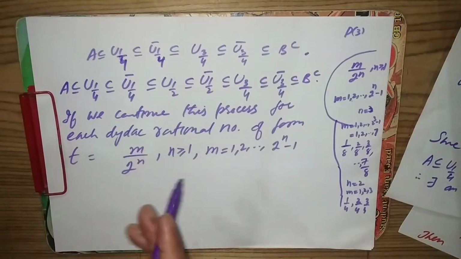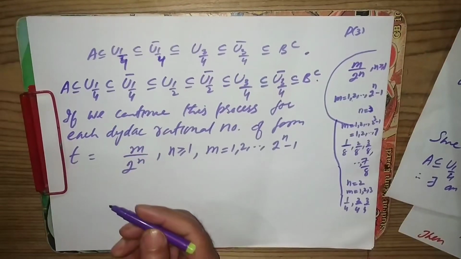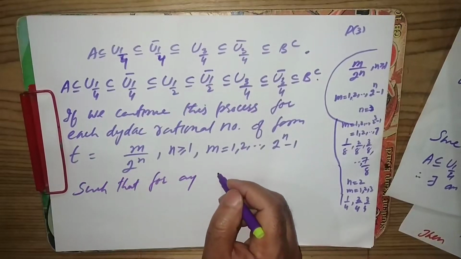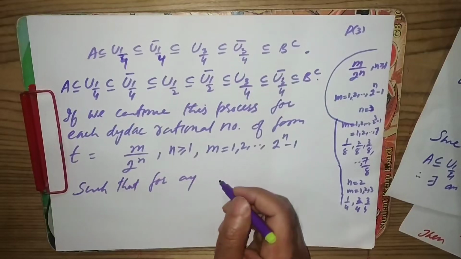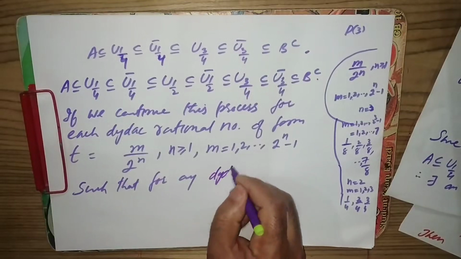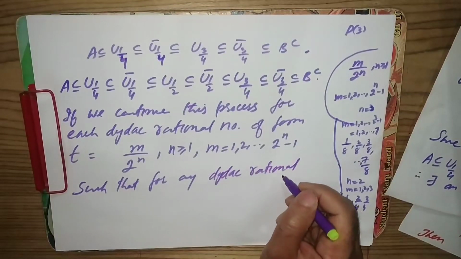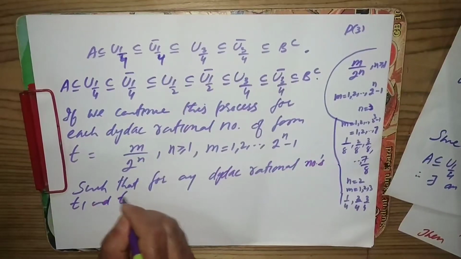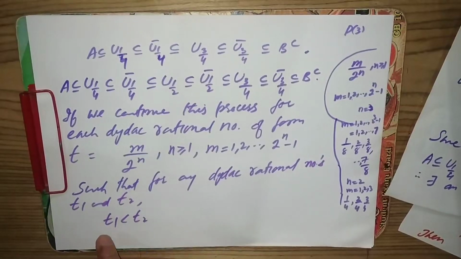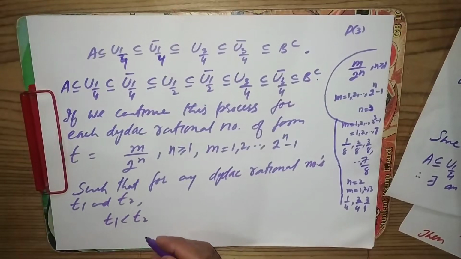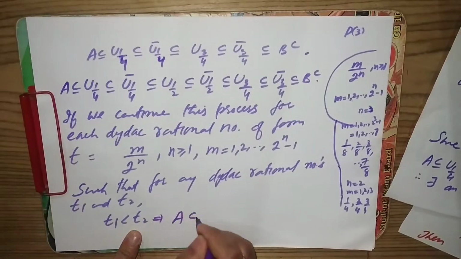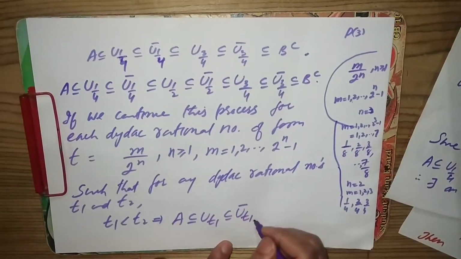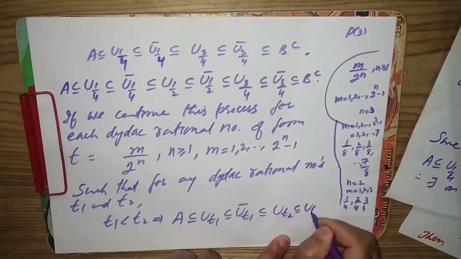Then, for any dyadic rational numbers t1 and t2, if t1 is less than t2, we must have this condition: first Ut1, which is a subset of the closure of Ut1, and then Ut2, which is a subset of the closure of Ut2.